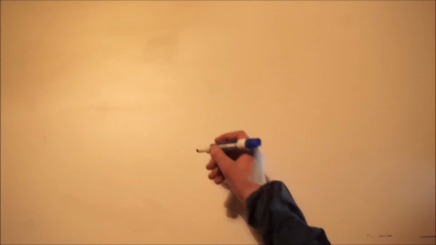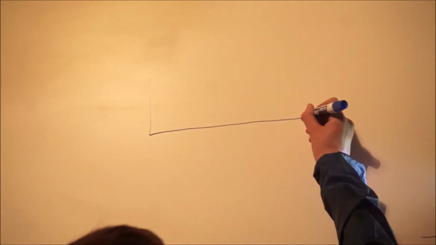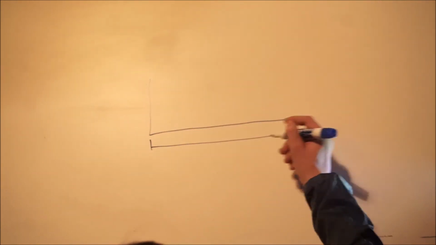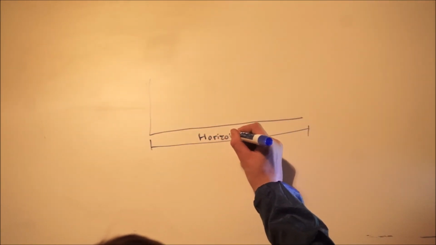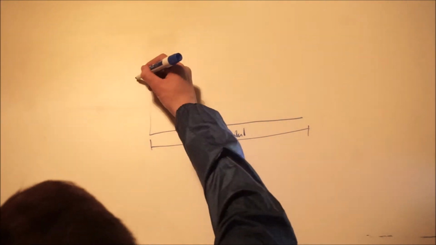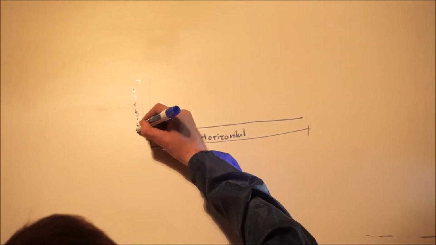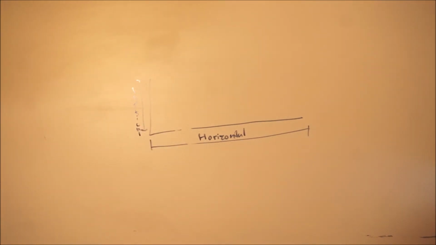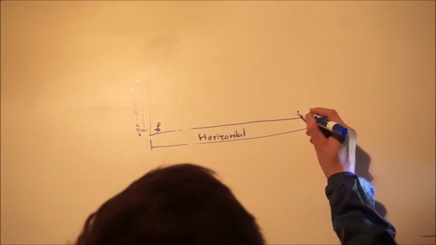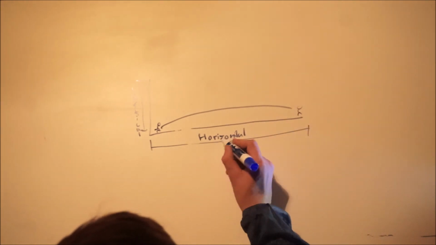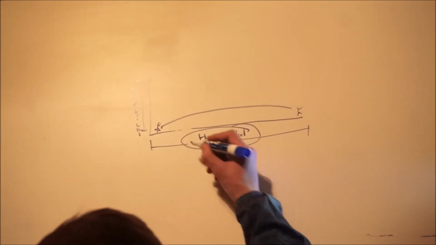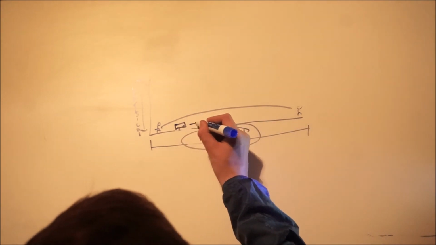So a quick review of what horizontal is: it's like you're laying flat on the ground. You're laying horizontally. But if you're standing up, you're standing up vertically.